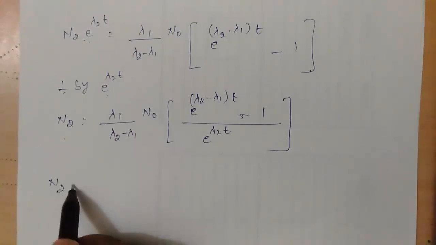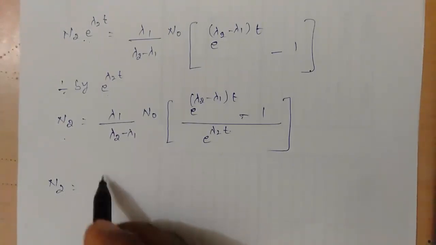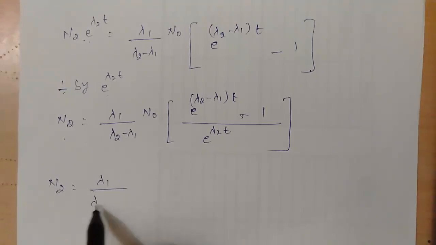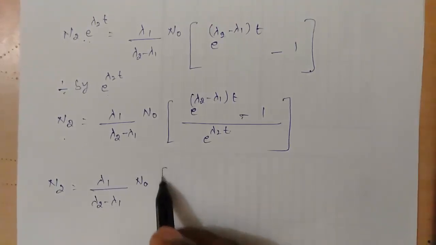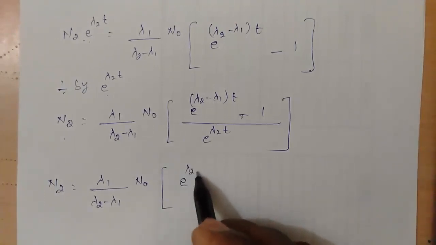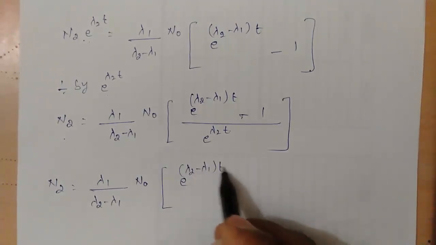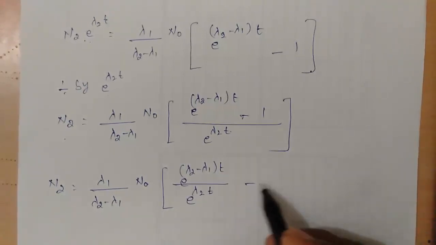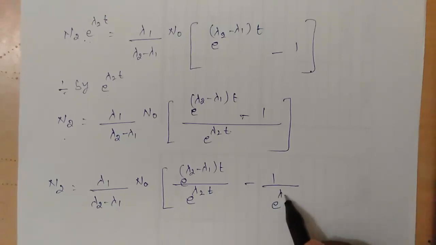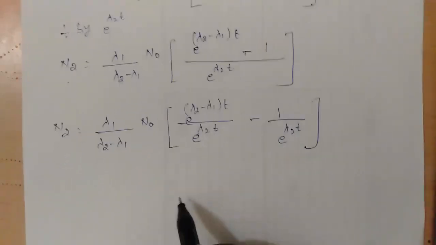Now further simplification: n2 is equal to lambda 1 divided by lambda 2 minus lambda 1 into n naught, e to the power of lambda 2 minus lambda 1 into t, the whole divided by e to the power of lambda 2 into t, minus 1 divided by e to the power of lambda 2 into t.